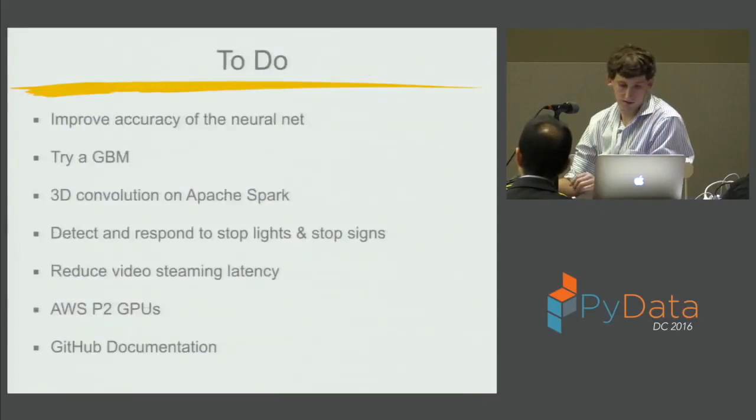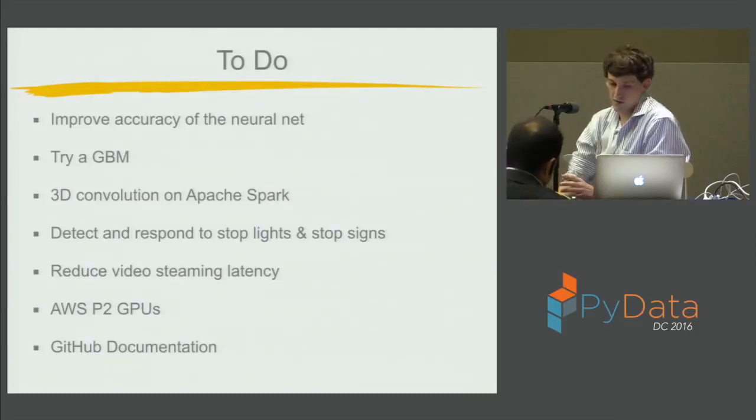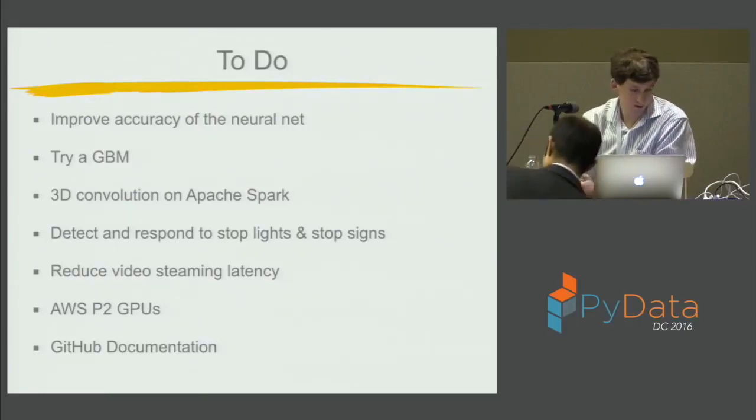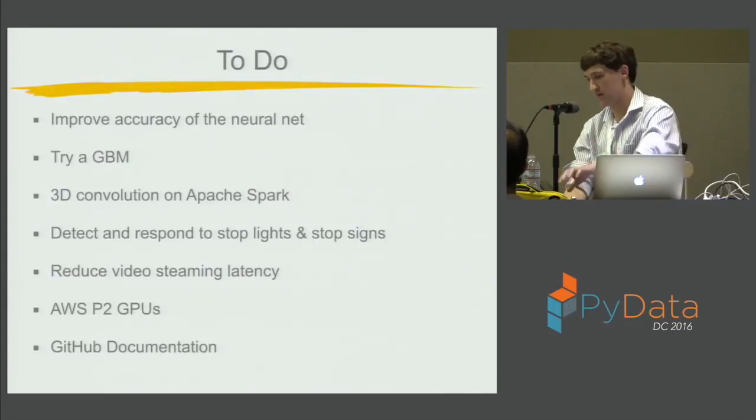All right, I still have a lot of work that I want to do on this project. I definitely want to improve the accuracy of the neural network. I want to try gradient boosting. I want to try 3D convolution on Spark for the convolutional neural network. I want to detect stop signs and stoplights, incorporate that into the car, and also track distance.